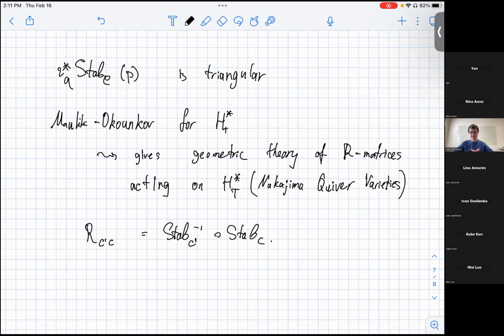So these classes appear in a geometric representation theory story for equivariant cohomology or equivariant K theory of symplectic resolutions of algebraic symplectic varieties of certain type. Here it was quiver varieties, but we could do it for other varieties as well.